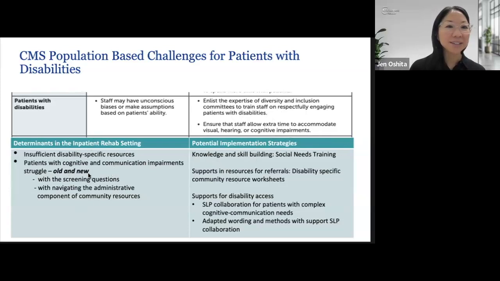So I just put in here our findings to add on to this list. But in addition to enlisting the expertise of inclusion specialists, you could enlist the expertise of SLPs in terms of accessible ways to provide screening and referrals, as well as the disability-specific community resource worksheets.